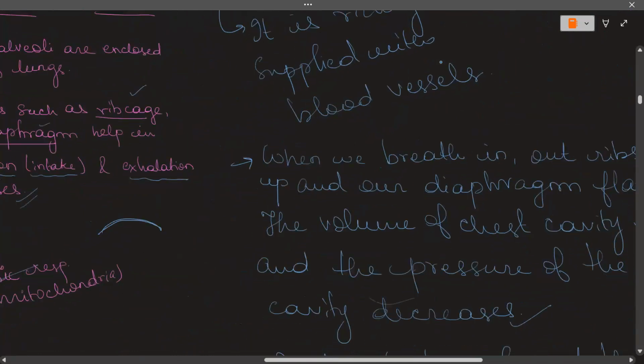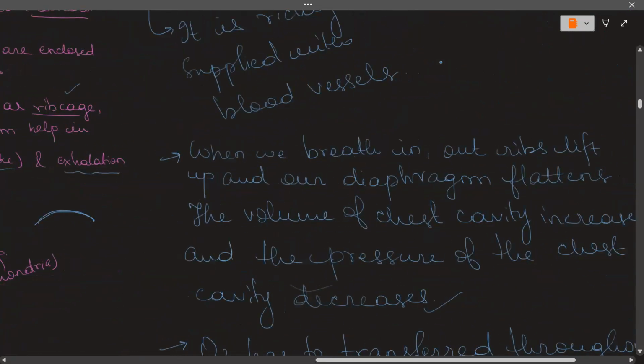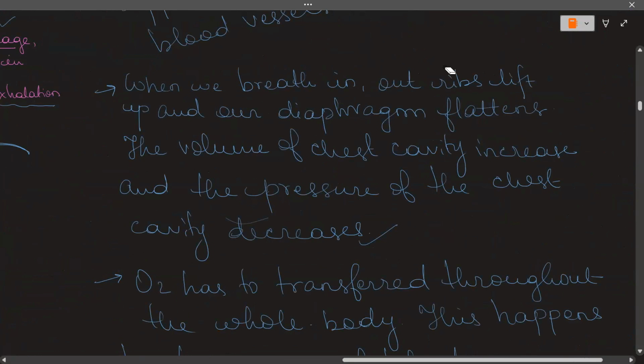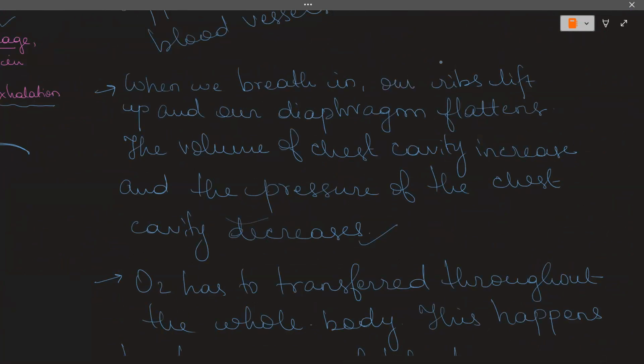Whenever we breathe in, our ribs lift up and our diaphragm flattens at that point of time. When the diaphragm flattens, the volume of the chest cavity increases.